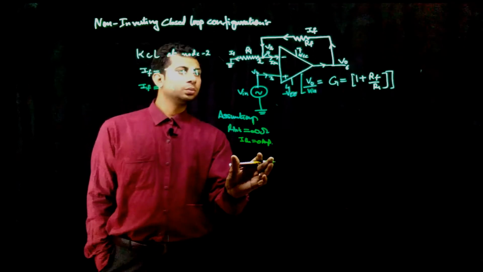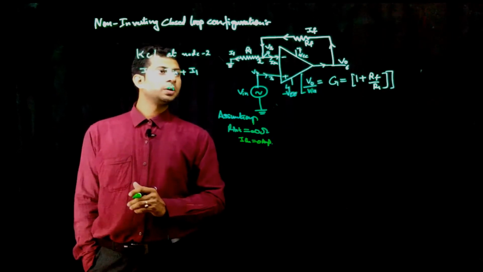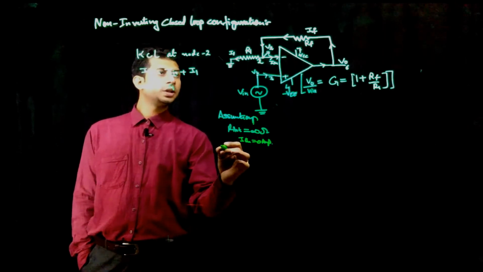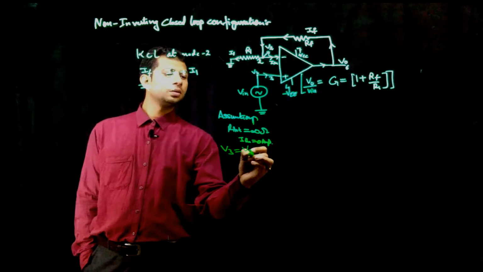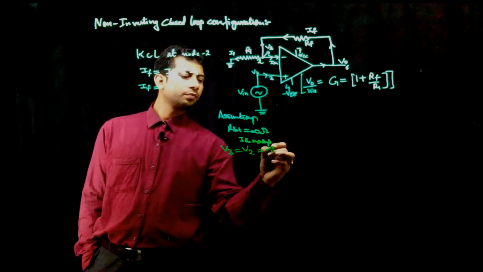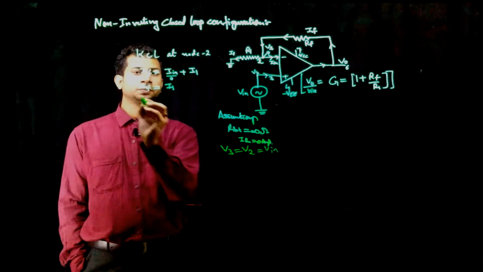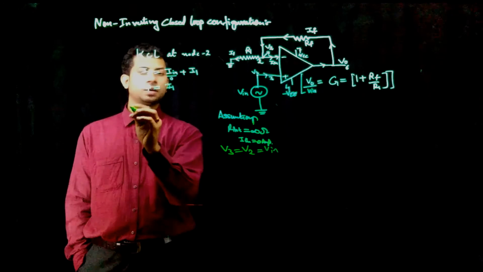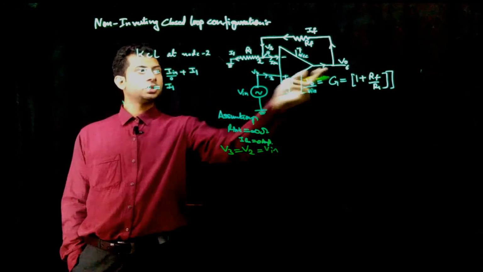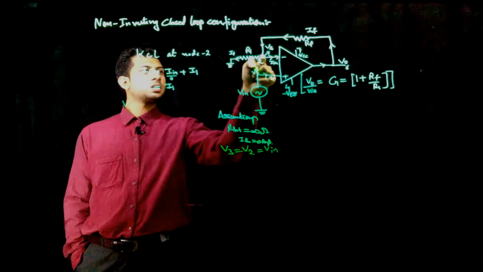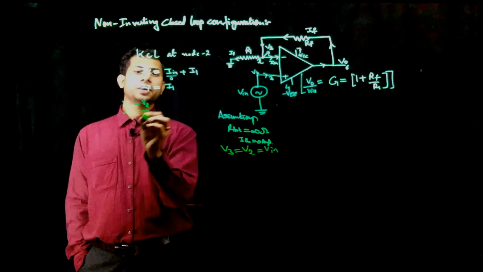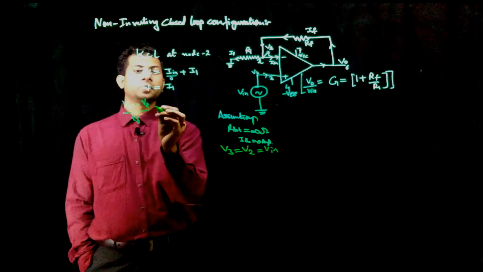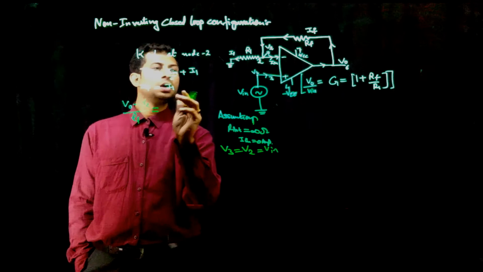Now due to that virtual short concept, the voltage at node 2 will be equal to V3 voltage, and that is Vin here. That means now for finding out this IF, we can apply V0 at the higher potential terminal minus lower potential V2 divided by RF, that is the resistance in this path, will be equal to I1.